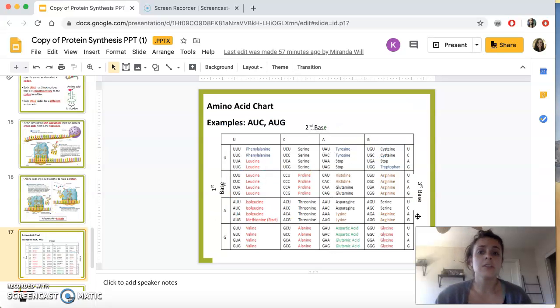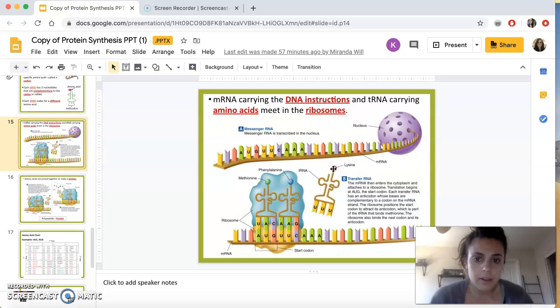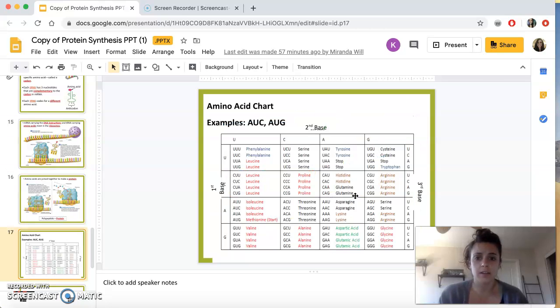So here's the amino acids or the proteins that are being created. Okay, remember the start one, where did that one go? The start is AUG. So if I come down here, here's AUG. That's our start codon. Some of these I can't even pronounce, but you can see. And there's a couple of stop codons.